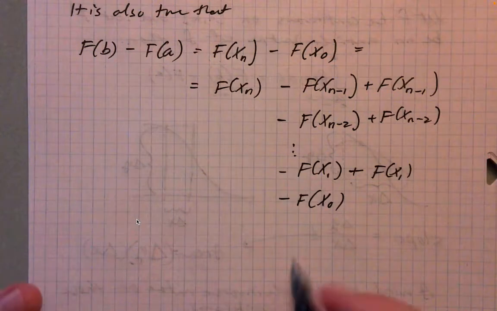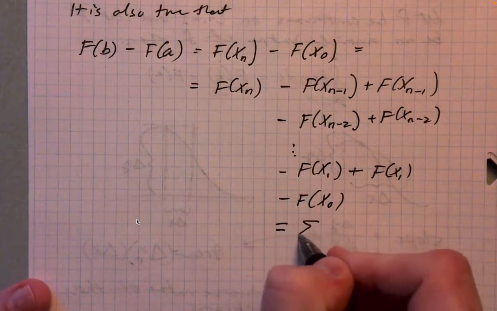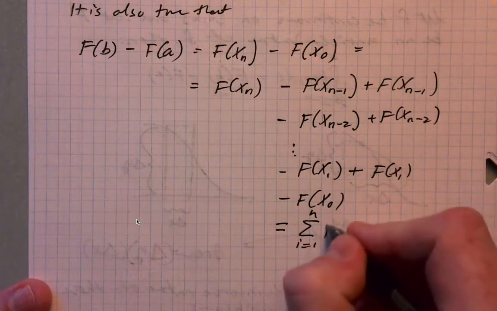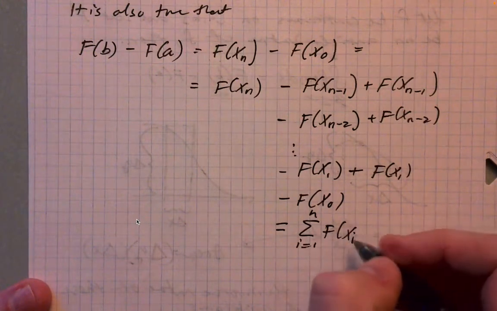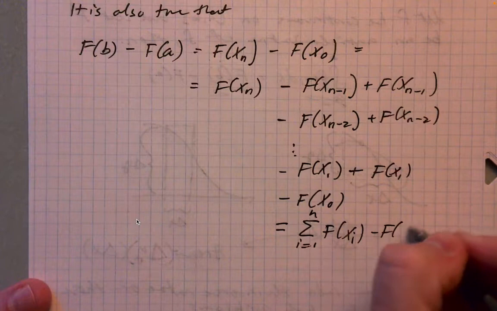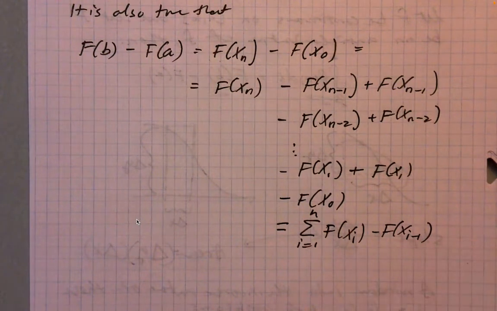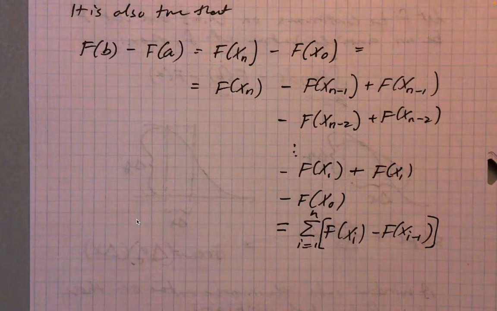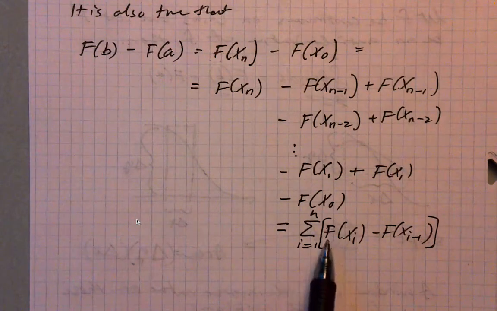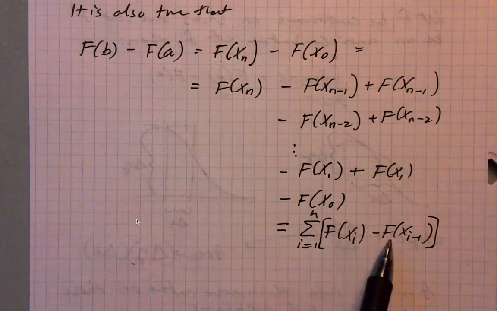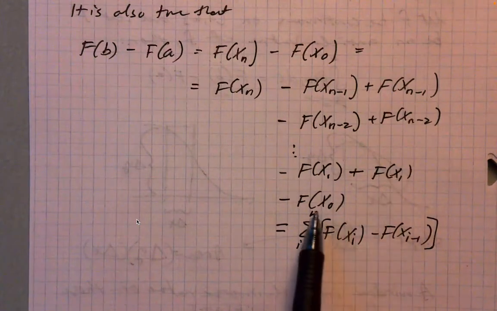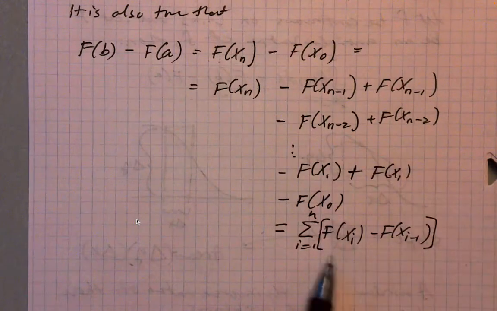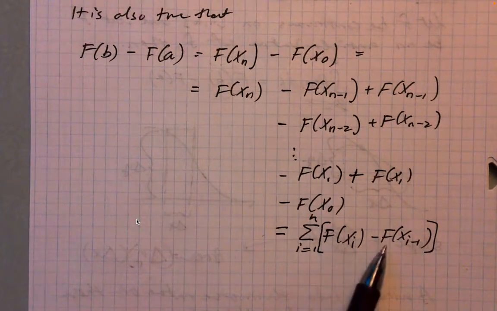Okay, and so this could all be written as the sum from i equals 1 up to n of F of xi minus F of x(i-1). Okay, so that captures everything, right? So if i is equal to 1, this is F of x1 minus F of x0. So it's this guy minus this guy. Okay, remember this is a plus here. And then if i is equal to 2, this is F of x2 minus F of x1.